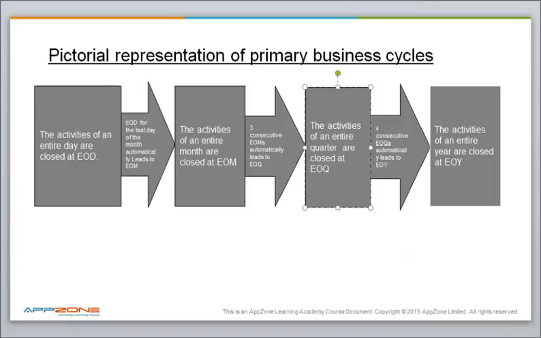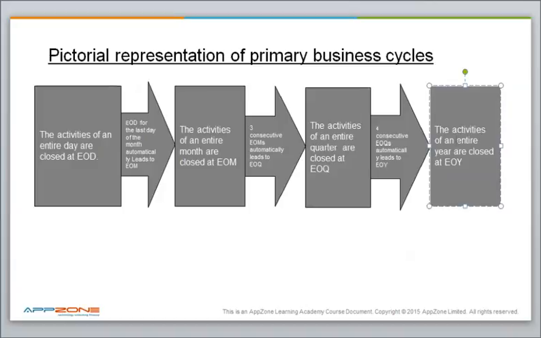Then after end of quarter, the next milestone is end of year. End of year marks the financial year end of a business, meaning the activities of an entire year are closed at end of year.